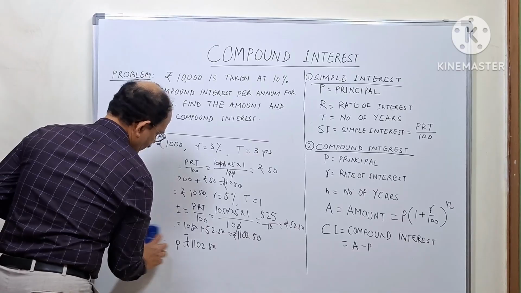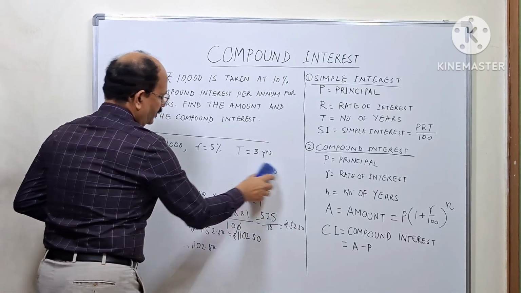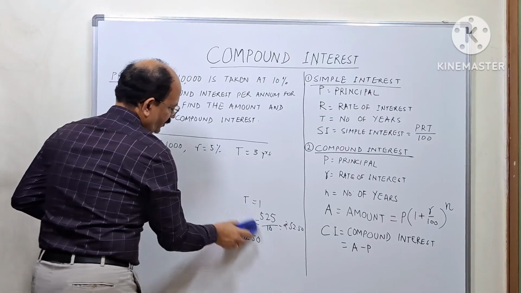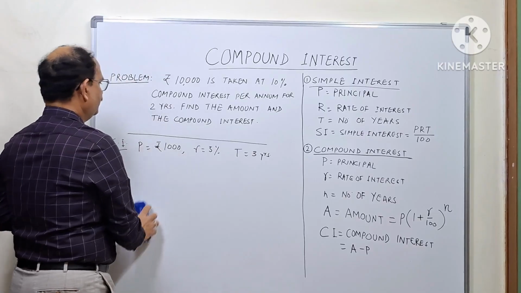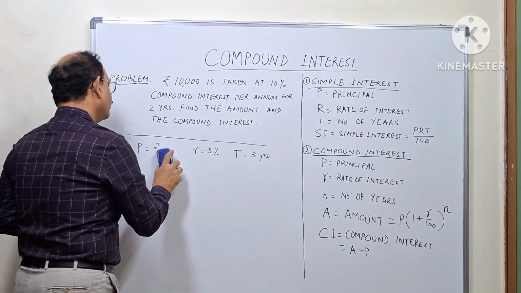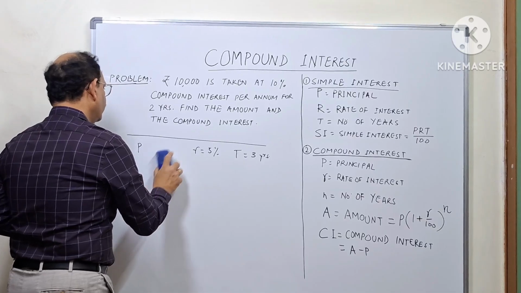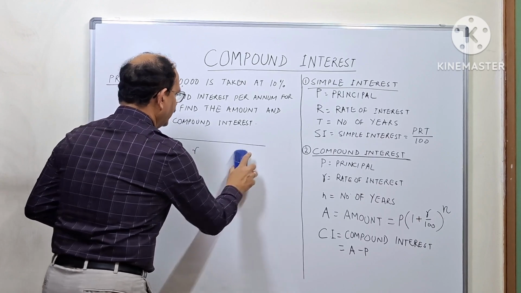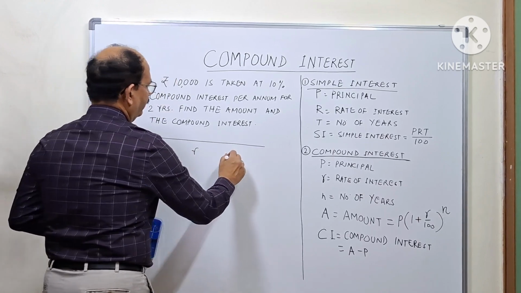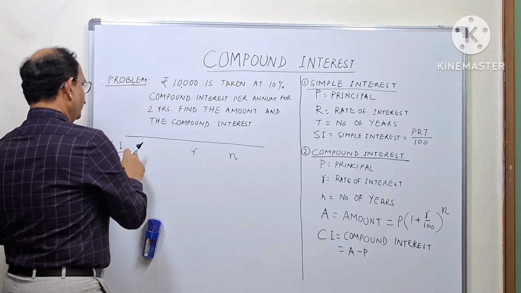Now let's take the example of the principal only in terms of the variables P and R and N, because we are talking of compound interest.